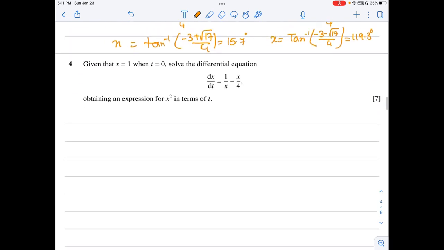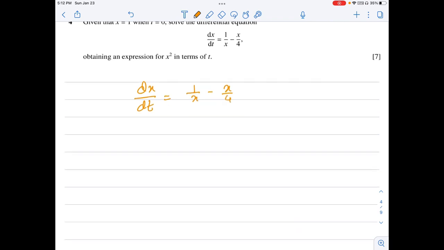Question number 4. Given that x is equal to 1 when t is equal to 0, solve the differential equation. So dx upon dt equals 1 upon x minus x upon 4. So dx upon dt equals 4 minus x square upon 4x.